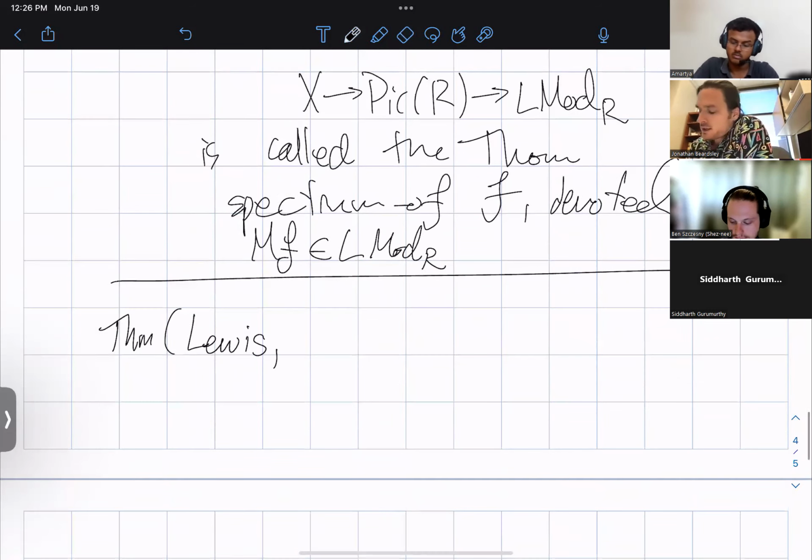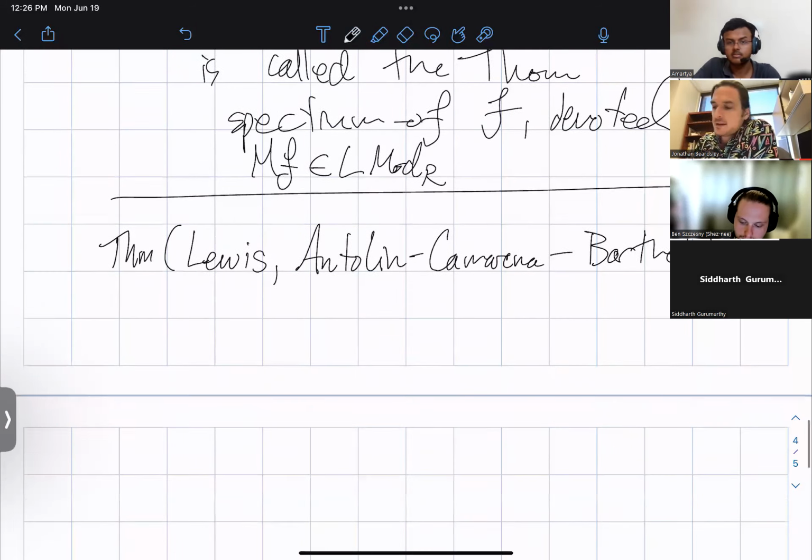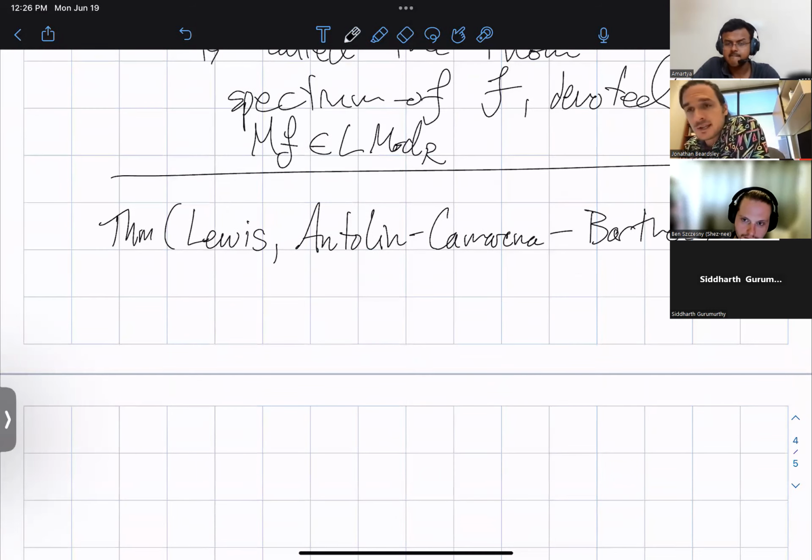In the model category theoretic framework, it's a theorem of Gaunce Lewis's, but more recently, Antolín-Camarena and Tobias Barthel proved that taking this colimit is symmetric monoidal.